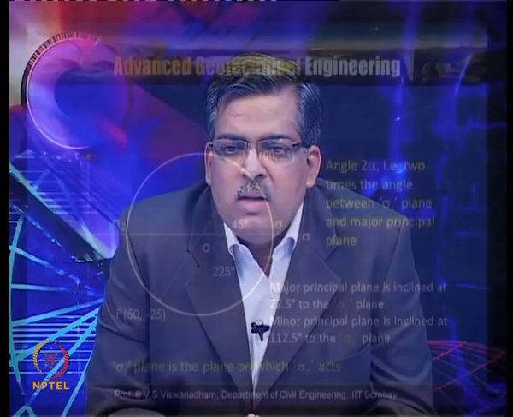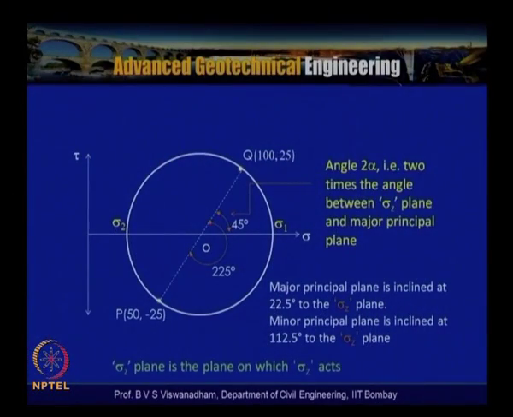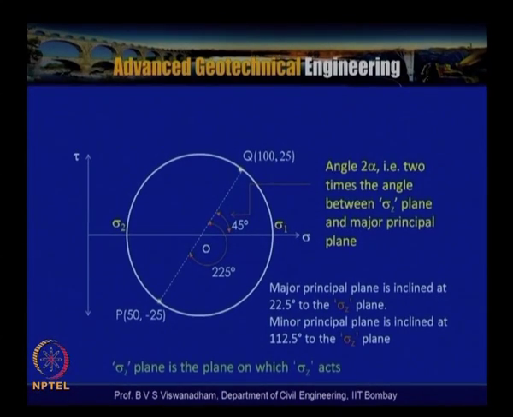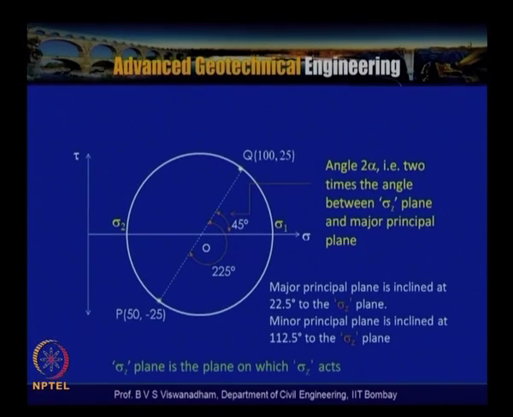Now we can further find the angle 2 alpha, that is 2 times the angle between the sigma z plane and the major principal plane. The major principal plane is inclined at 22.5 degrees to the sigma z plane, and the minor principal plane is inclined at 112.5 degrees to the sigma z plane.